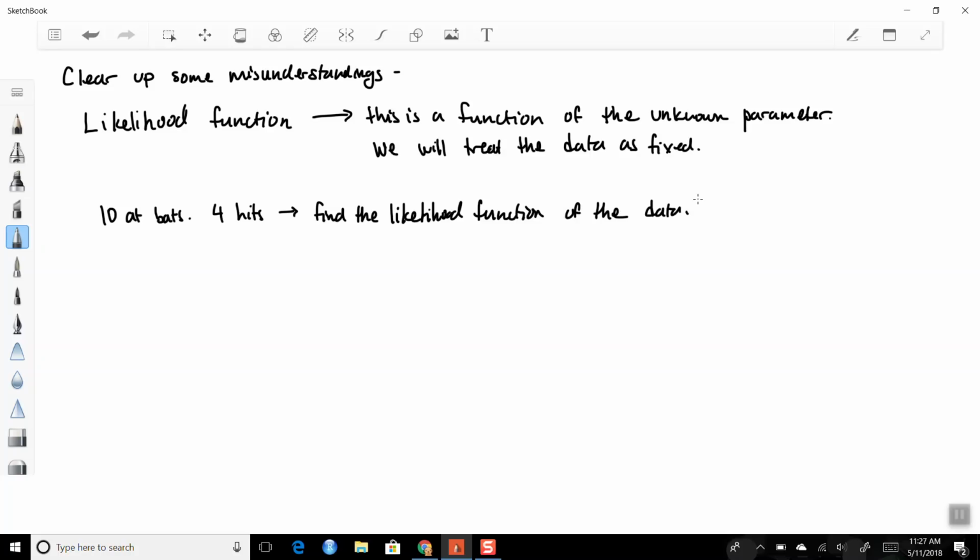We assume each observation is IID from Bernoulli, right? And so that means the likelihood is just going to be the product of each observation's probability.